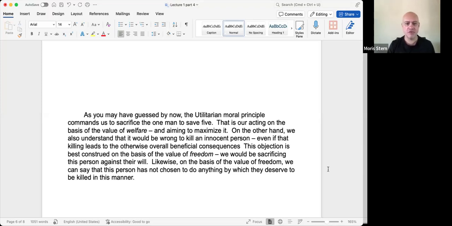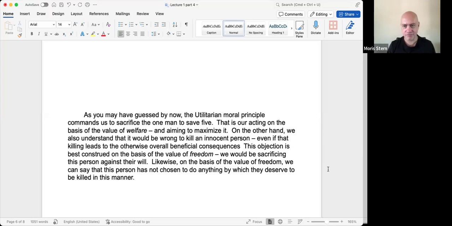Likewise, on the basis of the value of freedom, we can say that this person has not chosen to do anything by which they deserve to be killed in this manner. So the pro runaway train or trolley argument is that welfare will be maximized by sacrificing the one person.